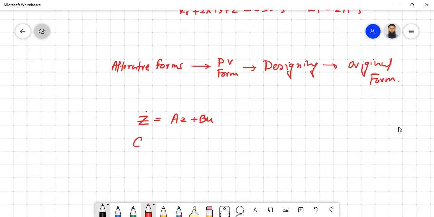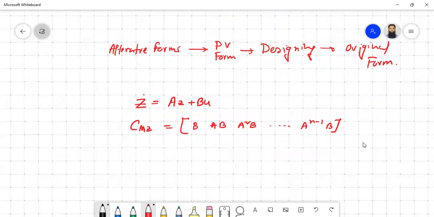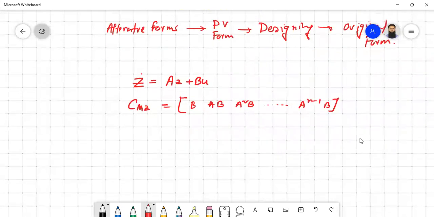For that, we can find out CMZ equal to B, AB, A square B, and goes on to A to the n minus 1 B. Okay, the checking is done when the system is controllable.